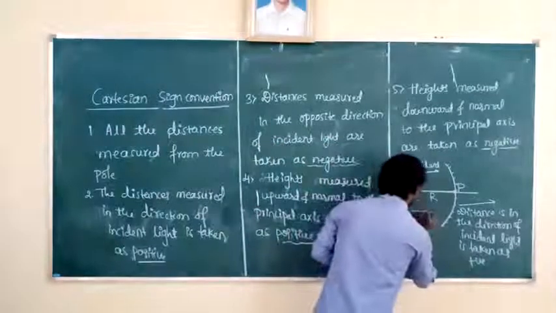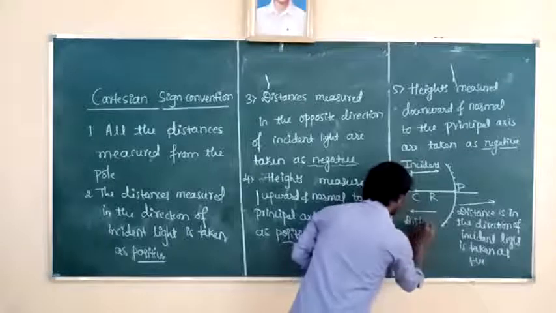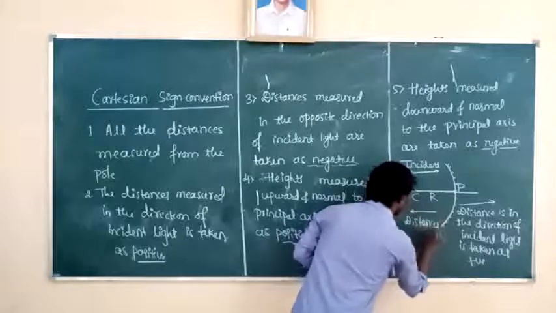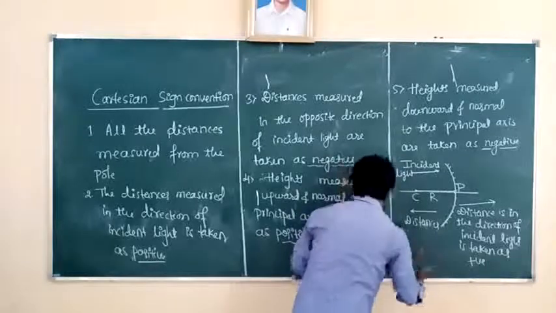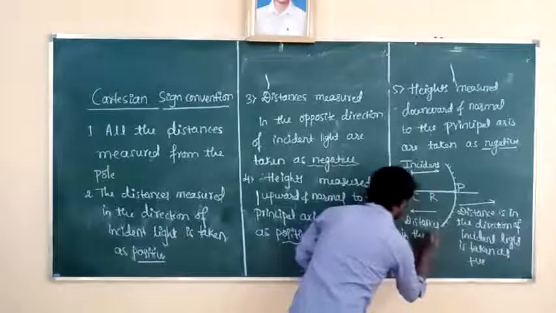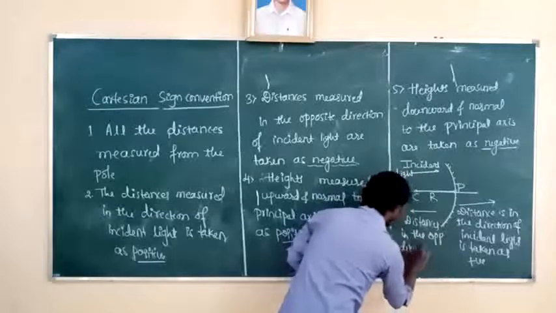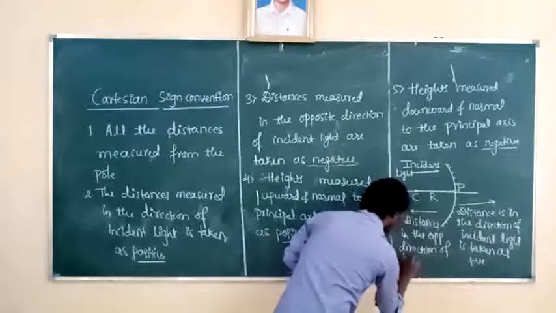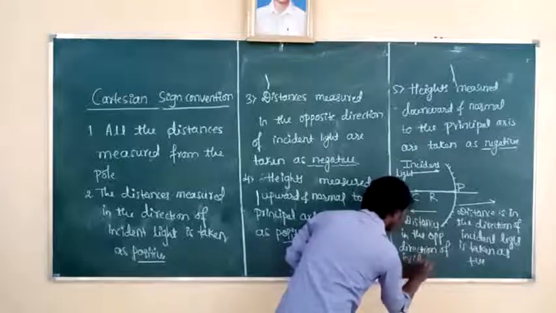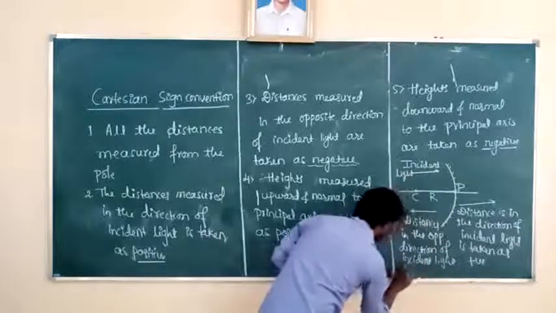So distances measured in the opposite direction of incident light are taken as negative.